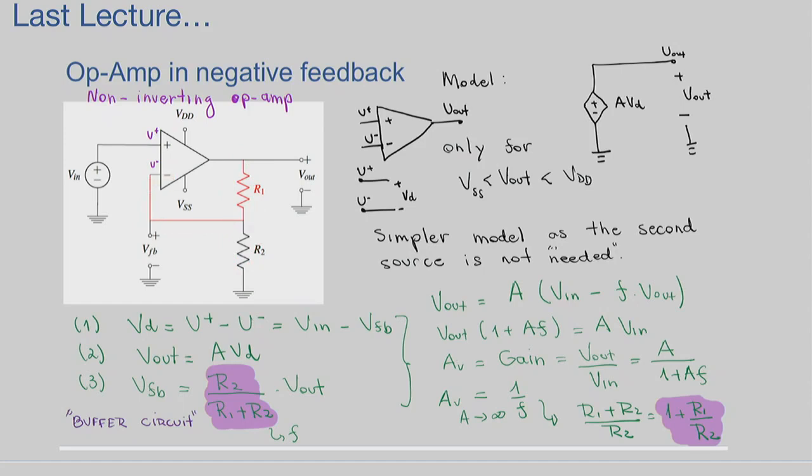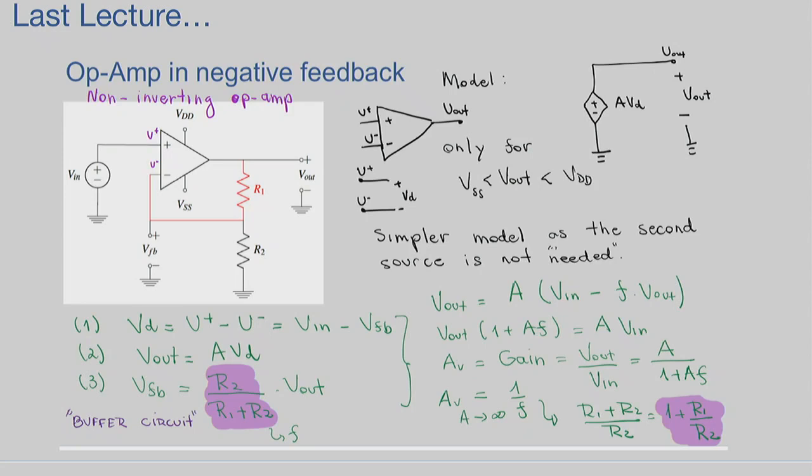Then we went through all the calculations and the circuit analysis to show that the gain of our system, which we define as AV, V out over V in, can be controlled by the ratio of those resistors.